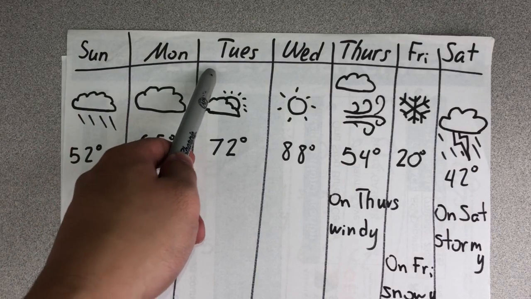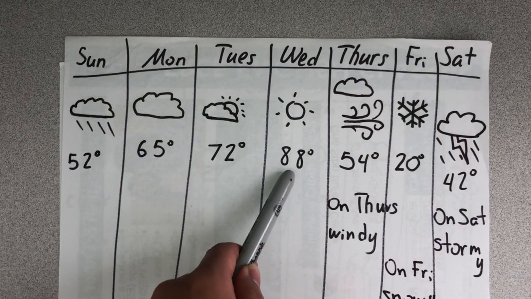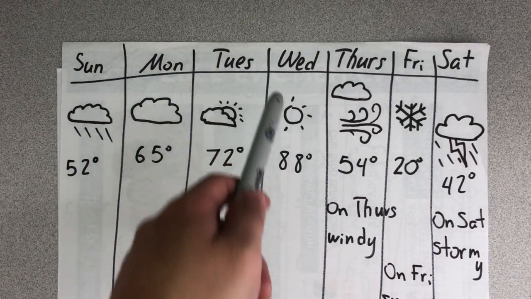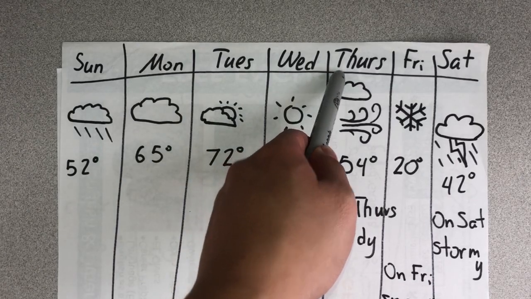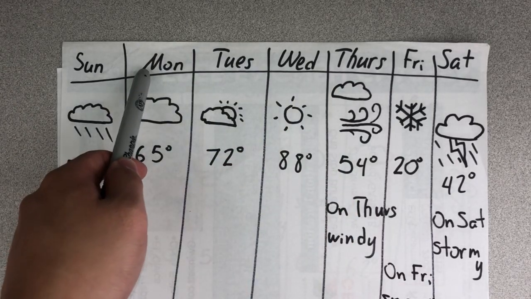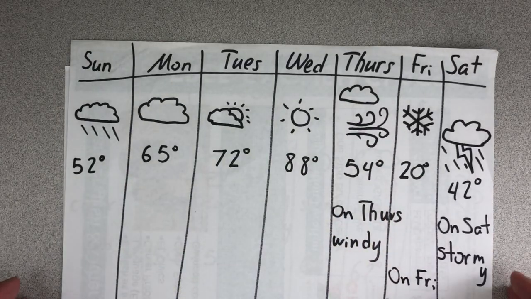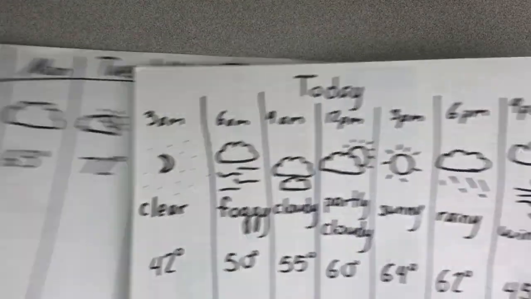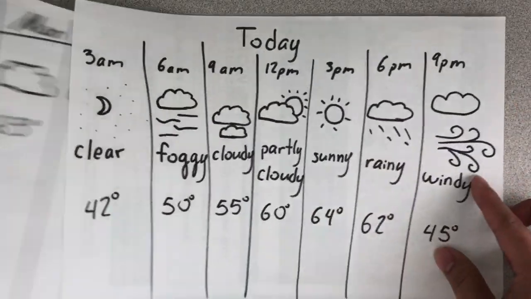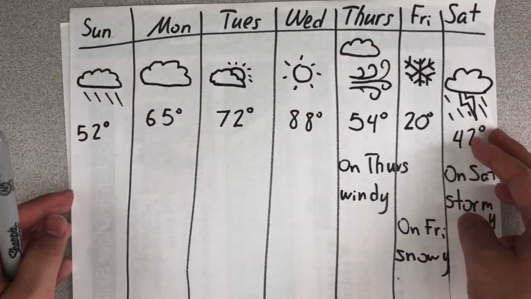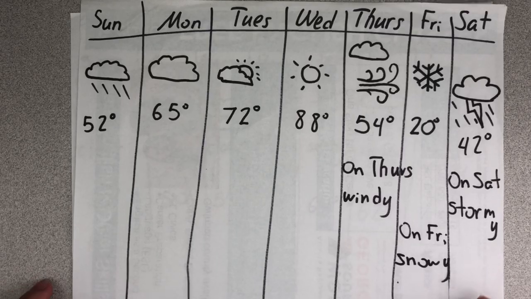What is the weather on Tuesday? What is the temperature on Wednesday? What is the temperature on Thursday? What is the temperature on Monday? What is the weather on Friday? And then, let me give you a little more time. You can stop the video.